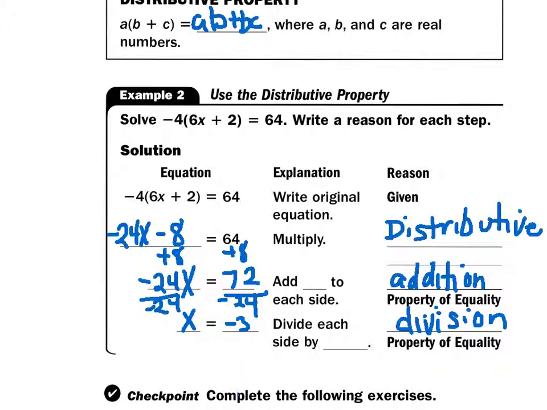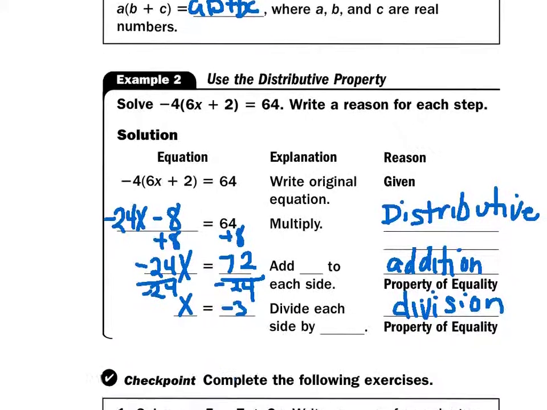And the reason is distributive. Then we add 8 to both sides to get negative 24x equals 72, and we use the addition property. Then we divide by negative 24 to get x equals negative 3, and we get that by using the division property.